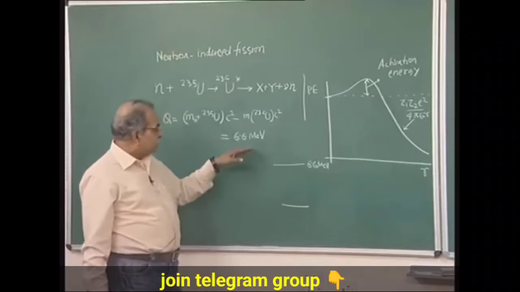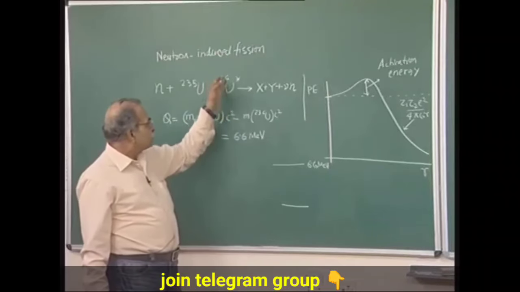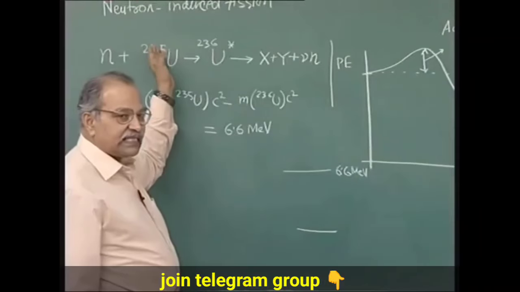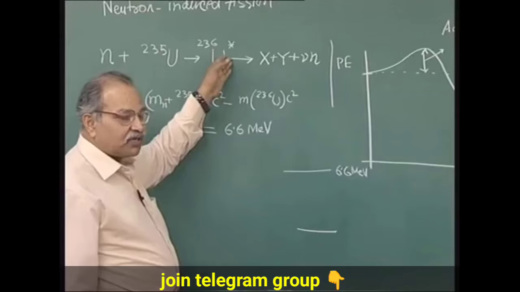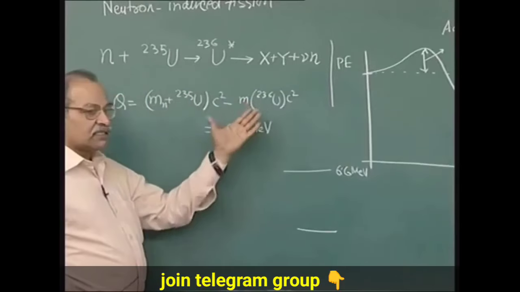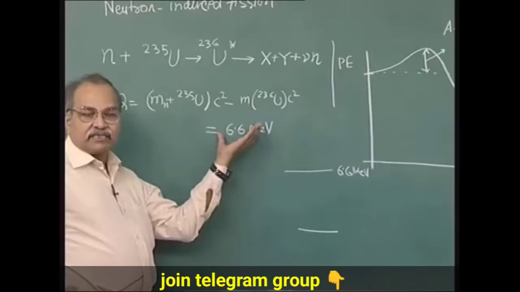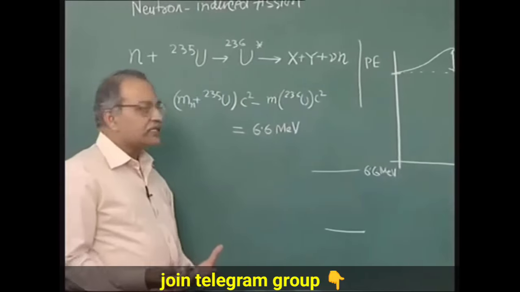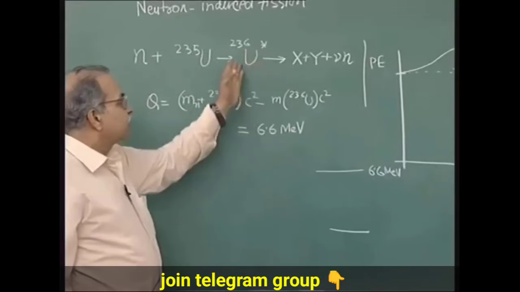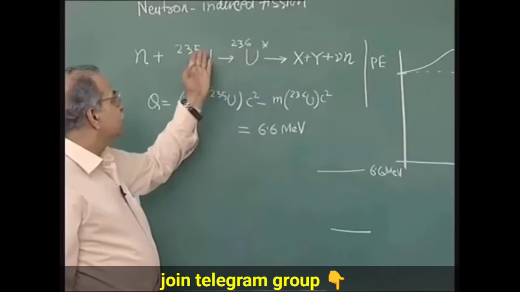So, when this uranium 236 is formed, because of this increase in binding energy, because of this reduction in rest mass, that much energy is there. Where does it go? It does not go into the kinetic energy, because this is at rest.